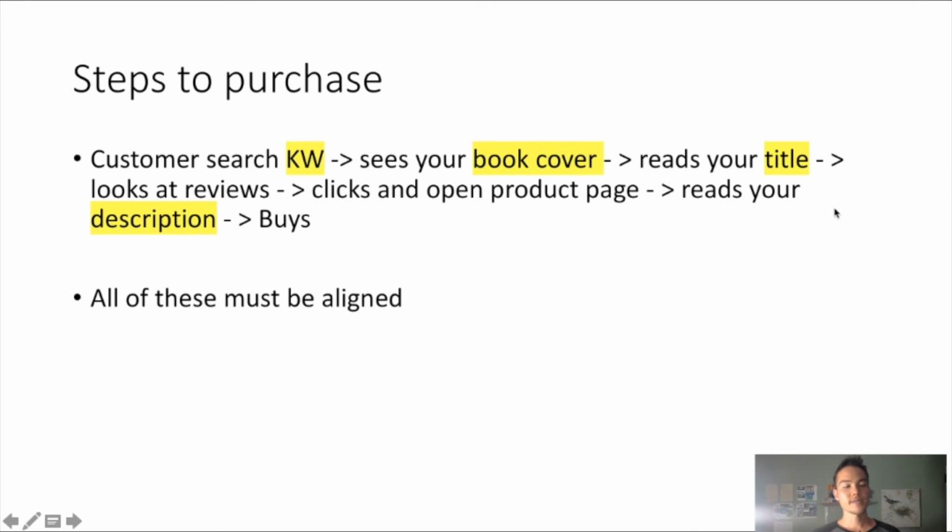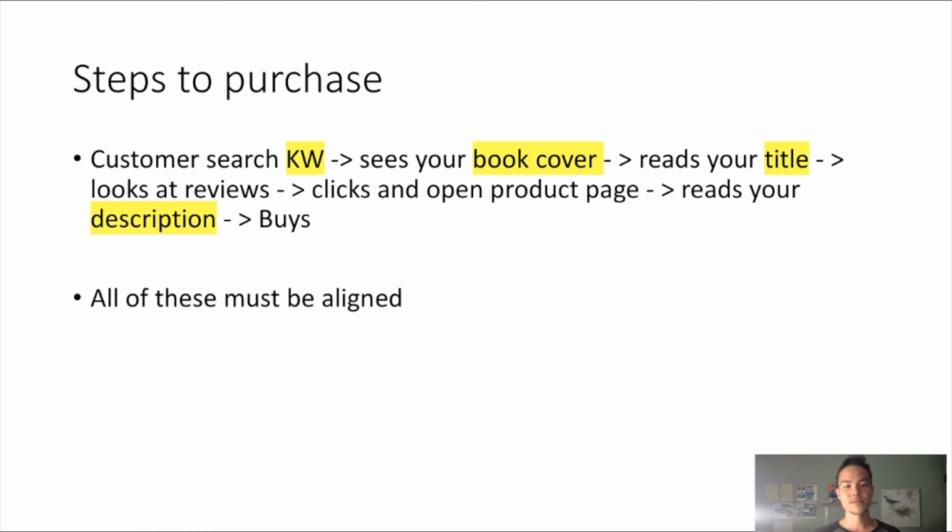So the last thing I want to cover is generally the steps customers take to purchase your book. First, they search the keyword, right? They search ketogenic diet. They see the ketogenic diet search results. Then they see your book cover. Then they read your title. And if that's good, they look at the reviews.